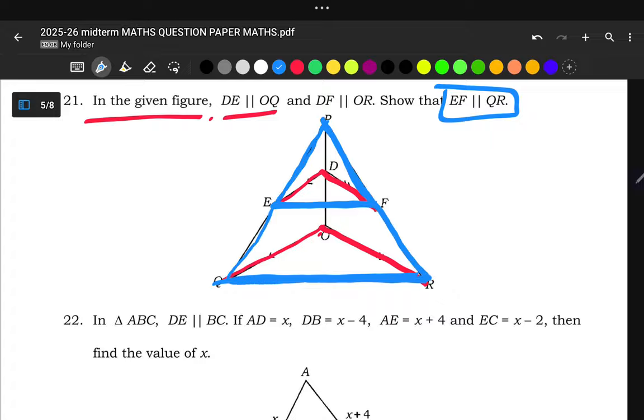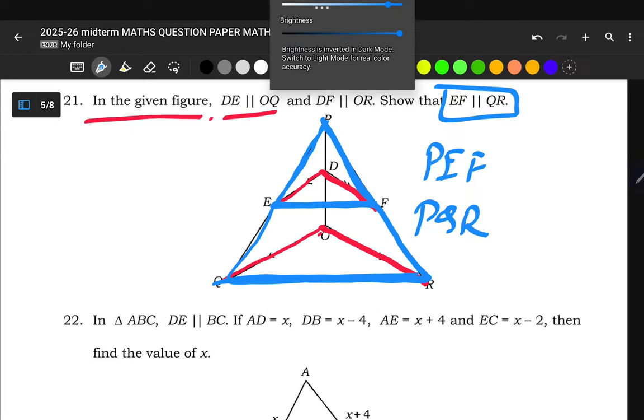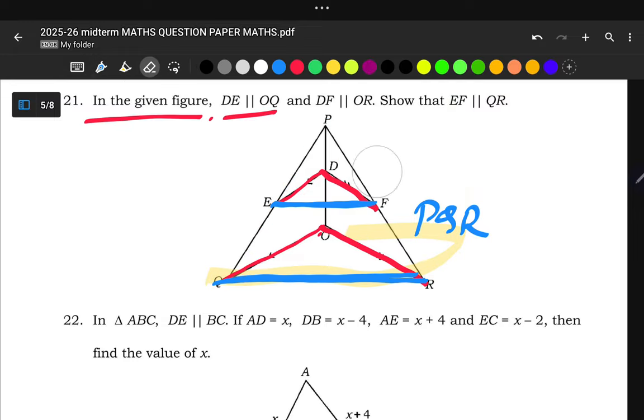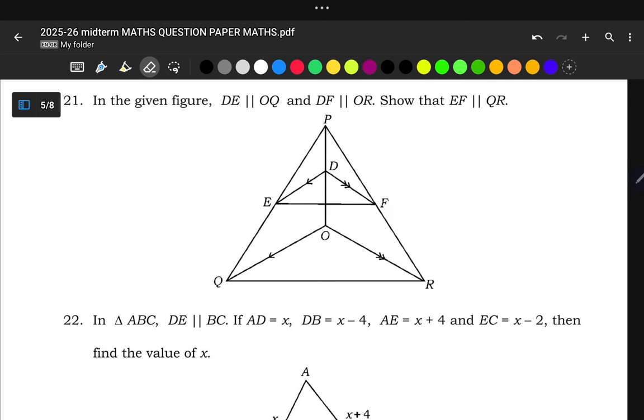One is the intercepted triangle, that is PEF, and the original triangle is PQR. To prove this, first you have to solve from the given data.